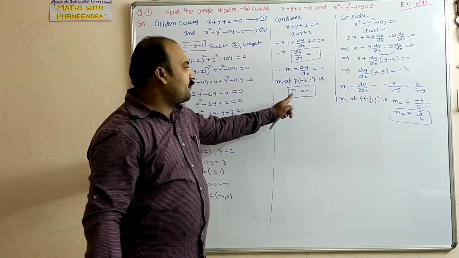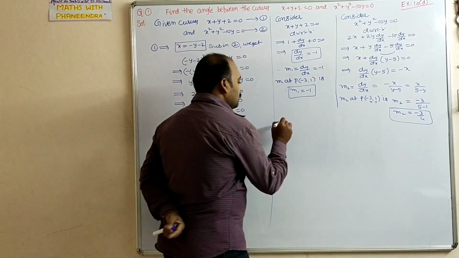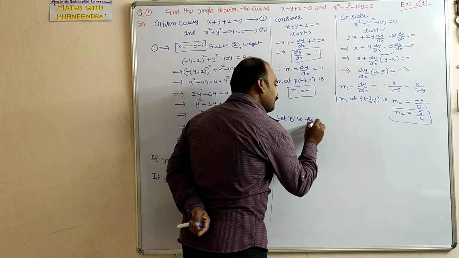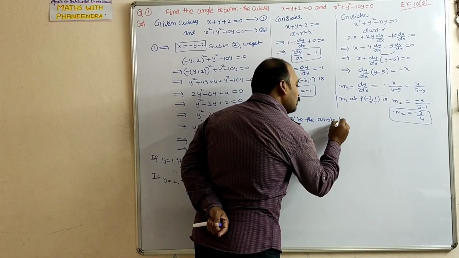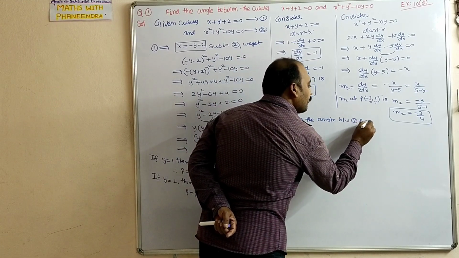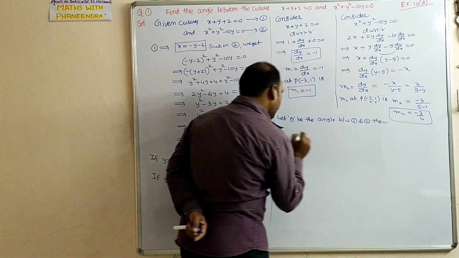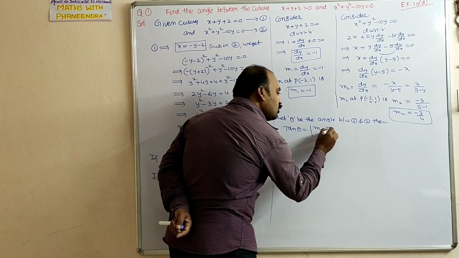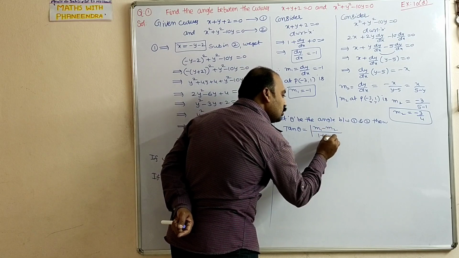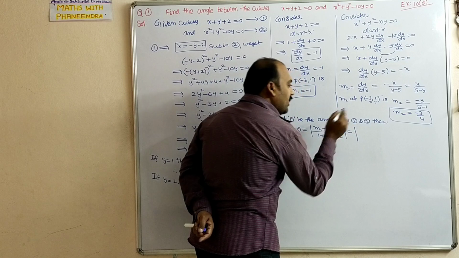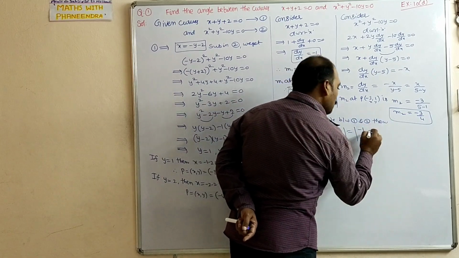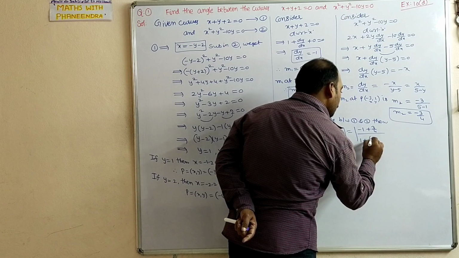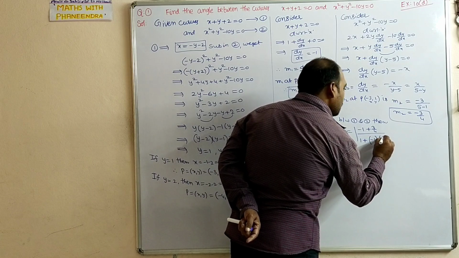After getting the values of m1 and m2, let theta be the angle between 1 and 2, then tan theta equal to formula mod of m1 minus m2 by 1 plus m1 m2. Mod of m1 value minus 1 minus m2, minus of minus 3 by 4, divided by 1 plus m1 m2, minus 1 into minus 3 by 4.